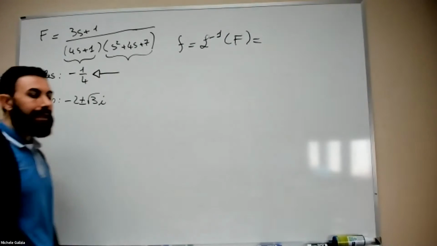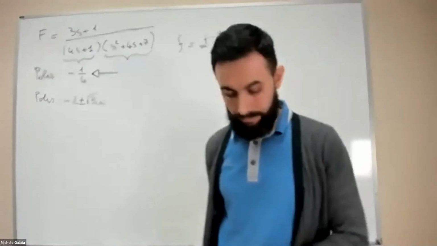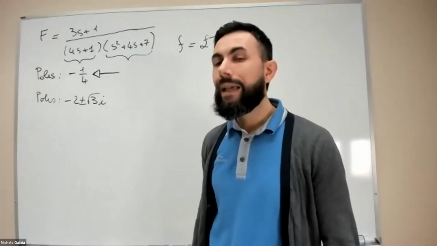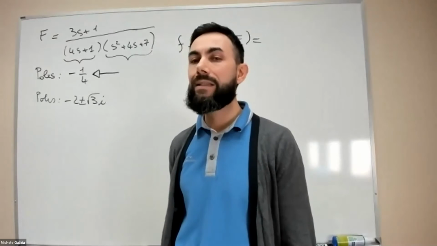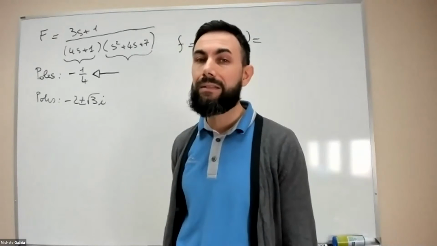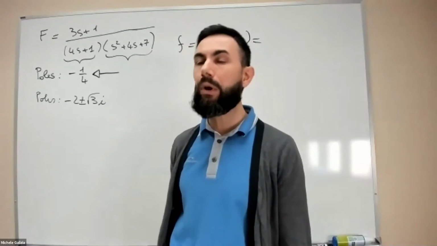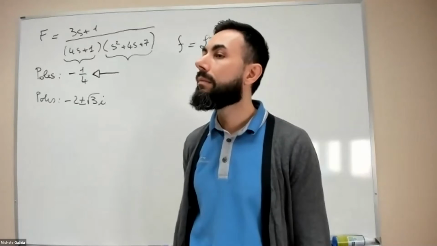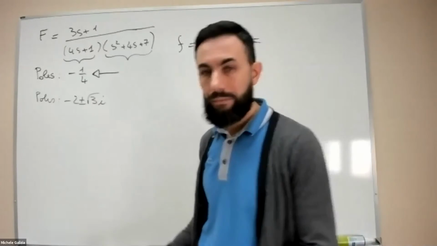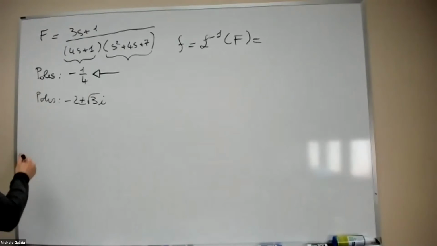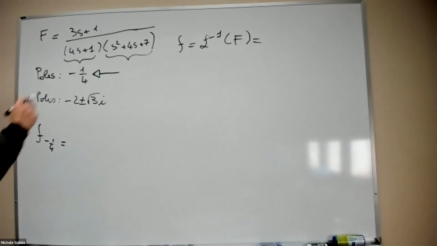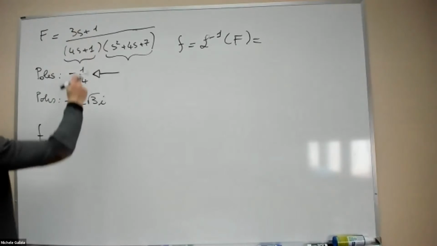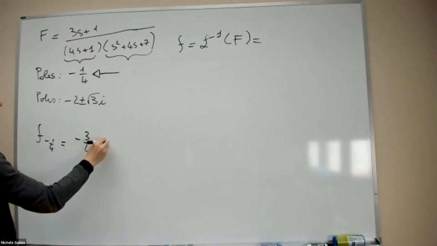Is this pole real? Yes. Is this pole repeated? No. And so how should we find the solution associated to this pole? Use the first theorem. That's right. First, Heaviside theorem. So f associated to -1/4 will be the numerator calculated in -1/4 divided.